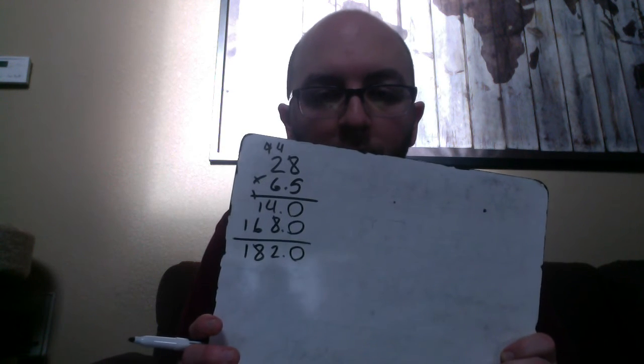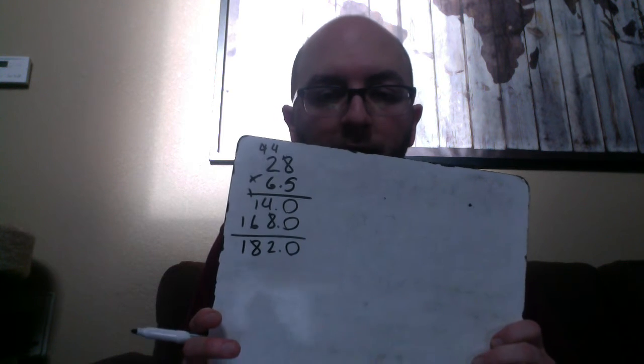Drop a 0. 6 times 8 is 48. 6 times 2 is 12, plus 4 is 16. Let's add that up. We get 0, we got 12, we got 8, and we got 1. So 1820, bring our decimal point down, we have 182 for the base, or 182.0.